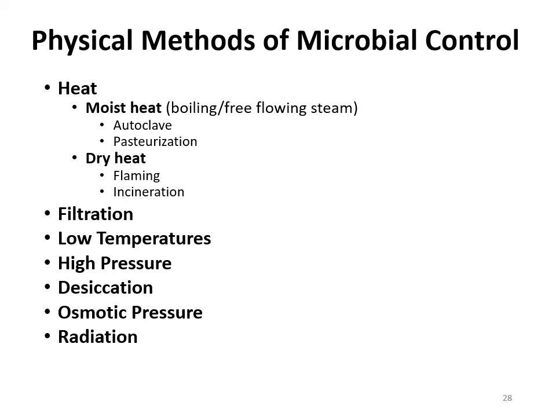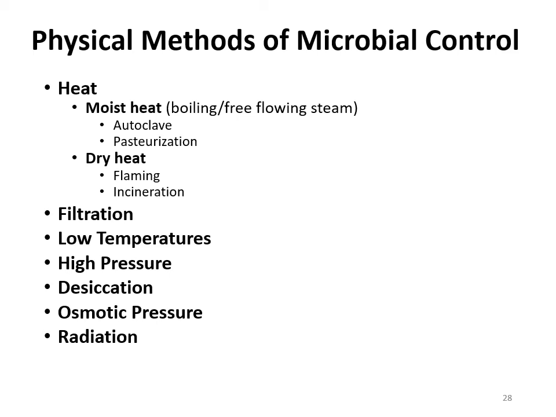Then there are low temperatures, and for low temperatures, notice we said we're doing microbial control. We did not necessarily say we're trying to kill the bacteria. So low temperatures, unlike heat, will just slow the growth. Just remember that when you deal with putting food in the refrigerator or the freezer, you can't leave it there forever. In the fridge, you only want to leave it for a few days.